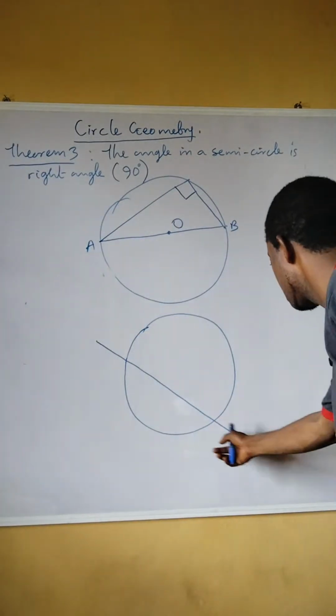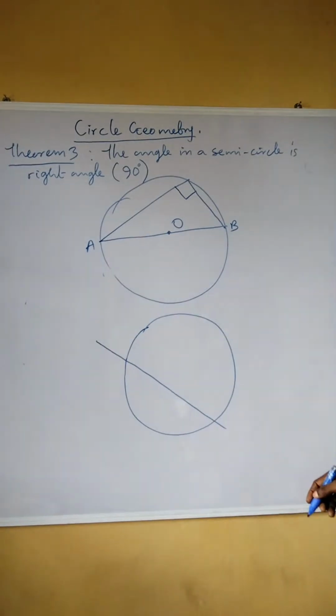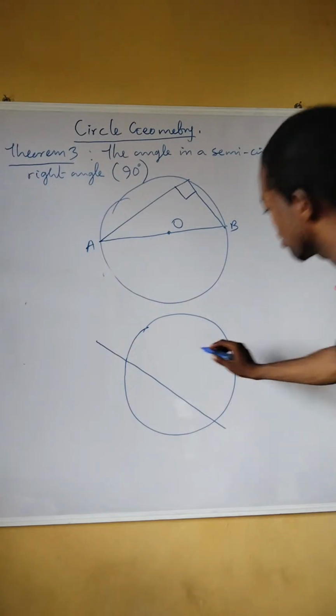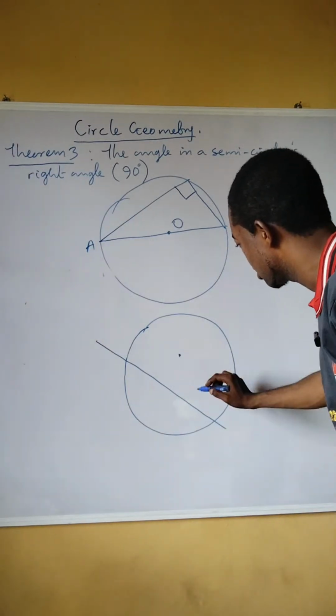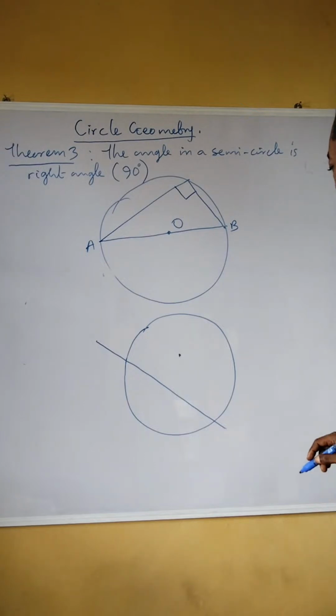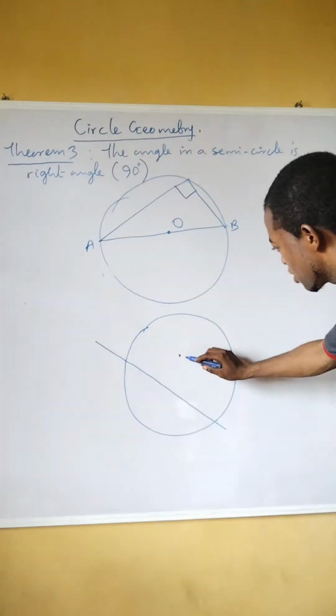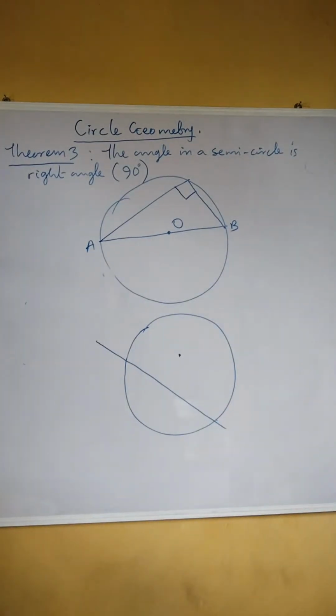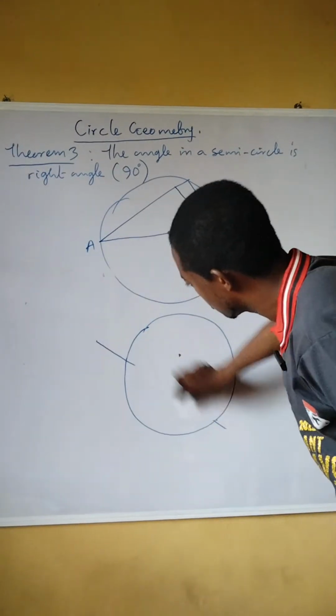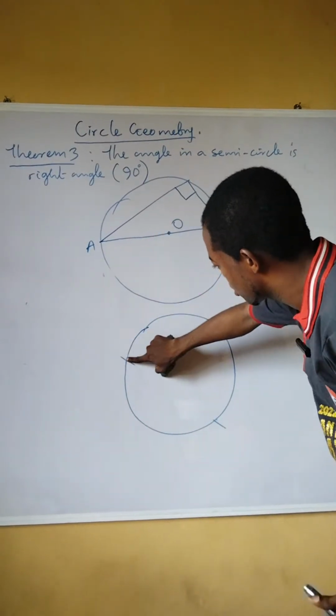We have this here as A. All right, I hope I can still recollect how the diagram goes. So we have a center. Let me draw the center first. I want us to see something here.